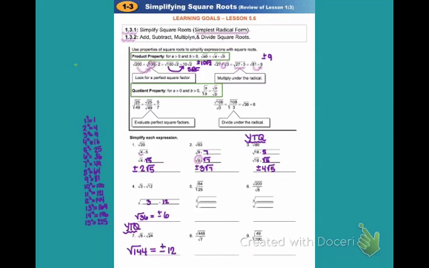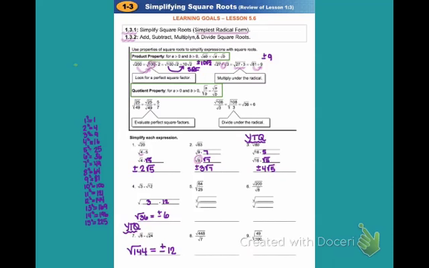So that is like the product property in effect, by saying that you can split the parts up. But in a quotient, our parts are our numerator and our denominator. So if we have the square root of a quotient, we can rewrite that as the square root of the numerator divided by the square root of the denominator.